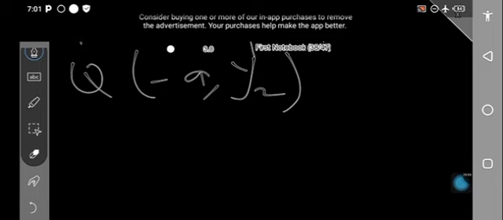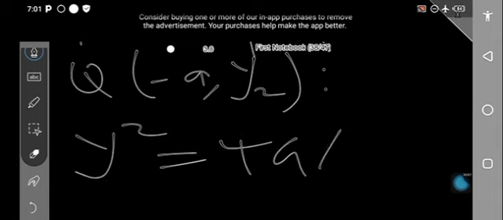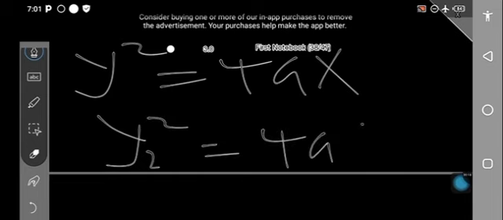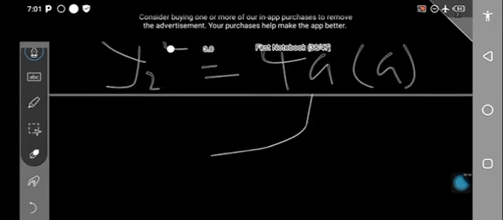So again, we are going to substitute into this equation. We have y squared equals 4ax. So y2 squared equals 4a times a.